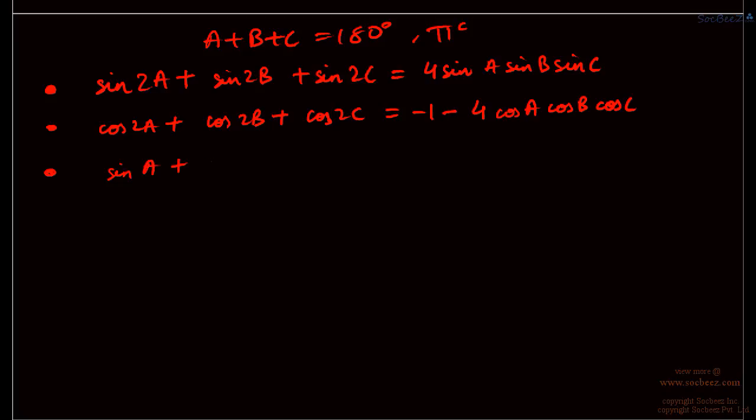So these were actually 2A, 2B and 2C. Let's take the angles themselves. So sin A plus sin B plus sin C is actually 4 cos of A by 2 cos B by 2 cos C by 2.